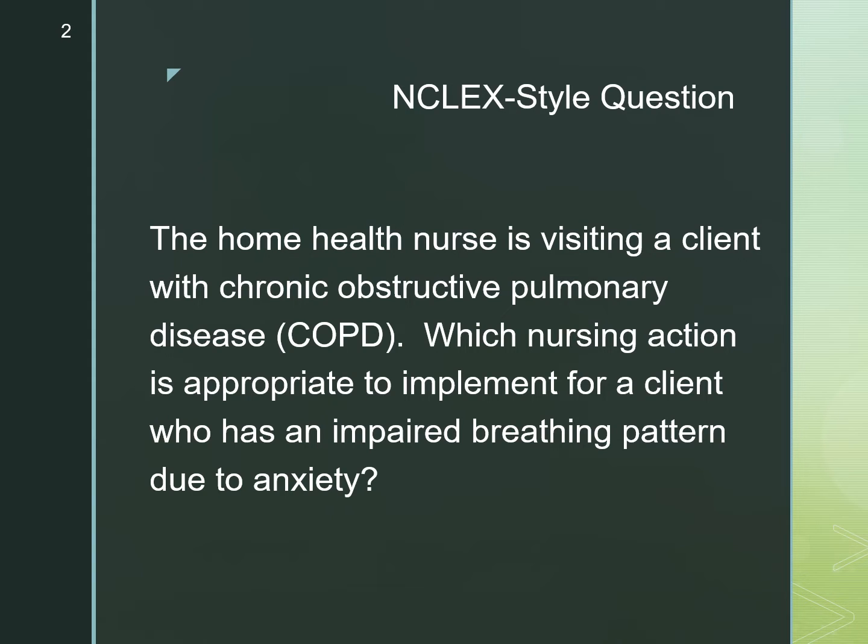So you're showing them exactly what it is you want them to do. If you're just standing there coaching, slow your breathing down, slow your breathing down, they don't always really follow along. But if you're doing it with them, they can mimic that motion a little bit easier.